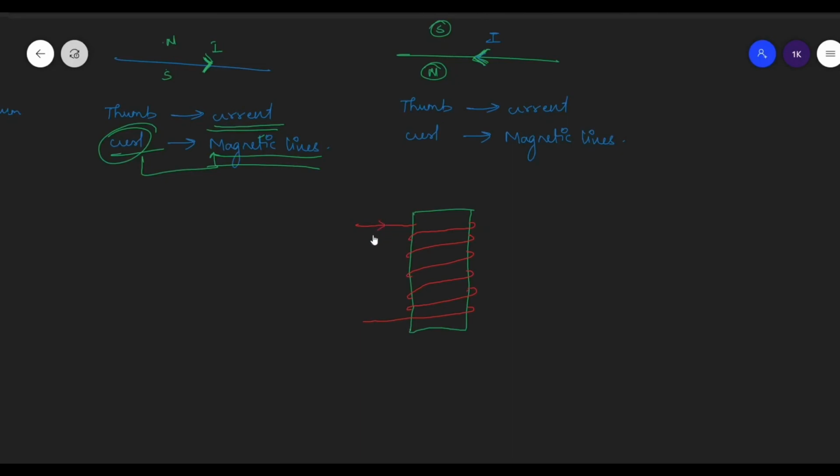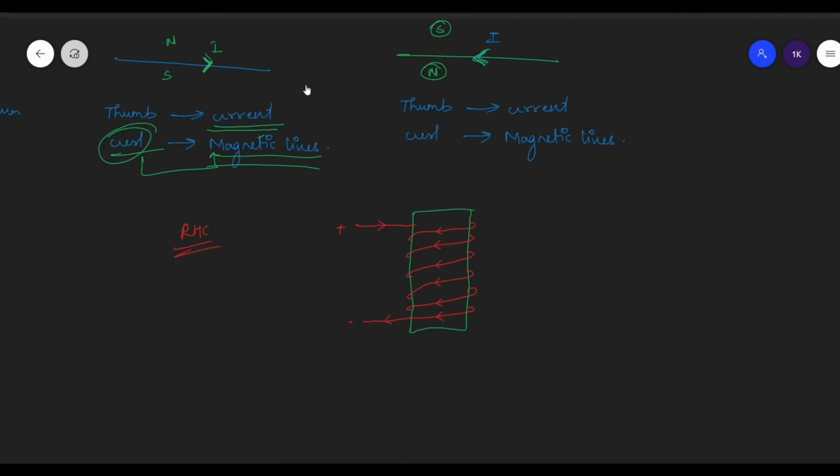The current is entering from this point and it is leaving from this point. So the direction would be like this. Now use right hand curl rule and tell me which is north pole and which is the south pole. Now apply the right hand curl rule.